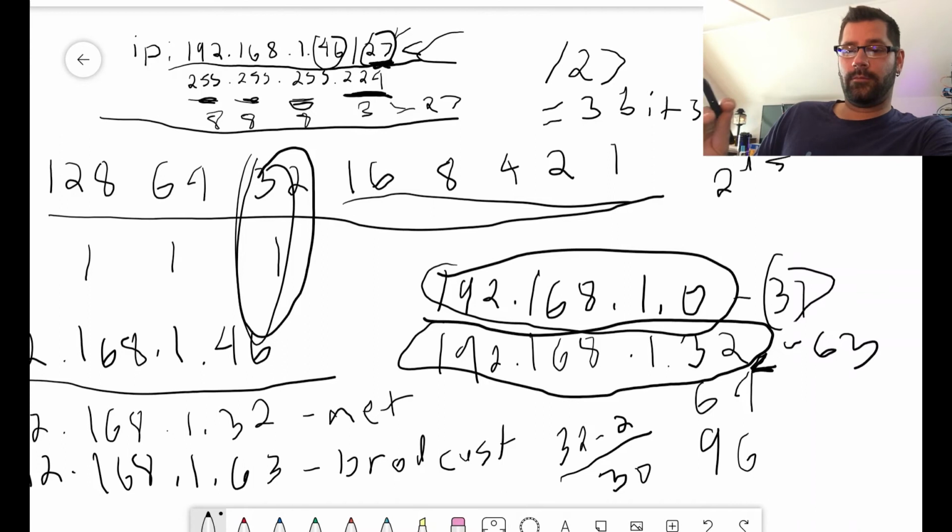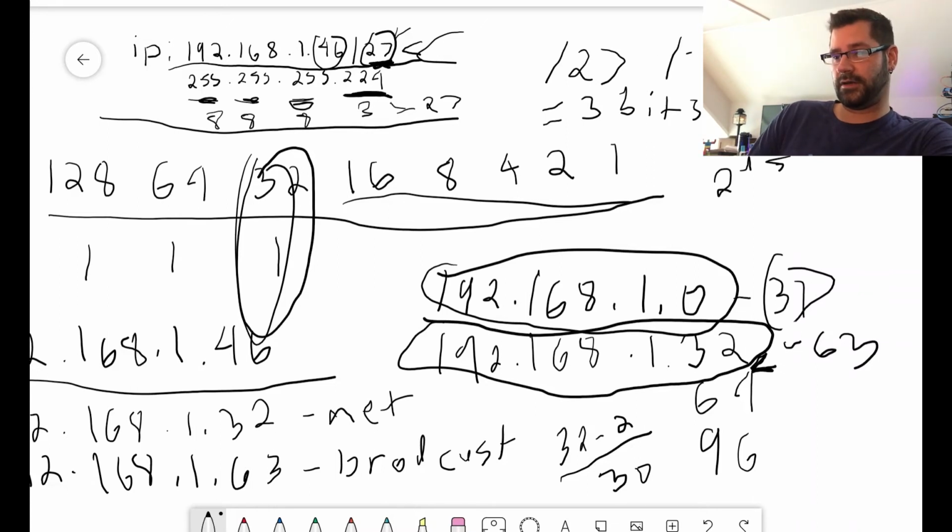The only real pain with this method is when you have a higher address. Actually, I'm getting ahead of myself. Let's say it was a smaller subnet, a longer prefix.